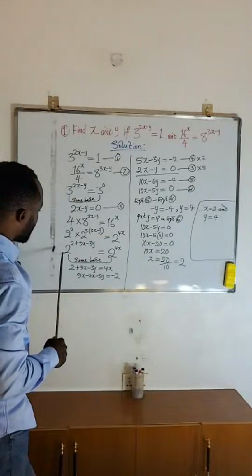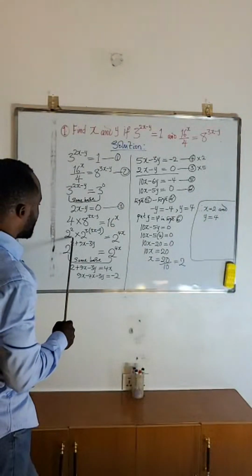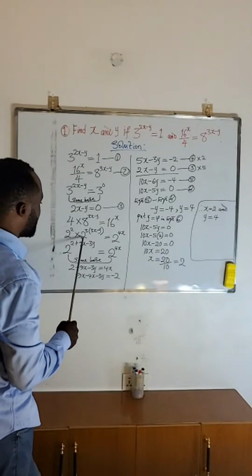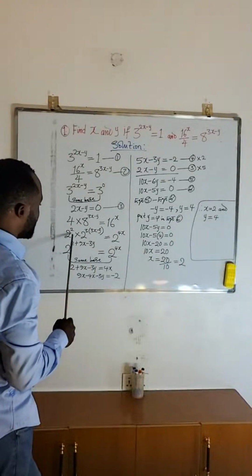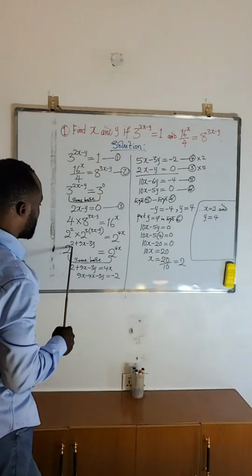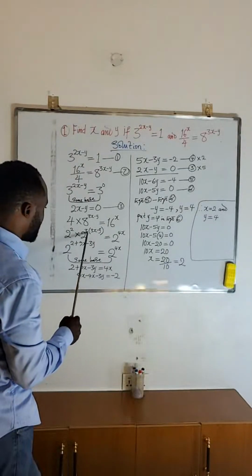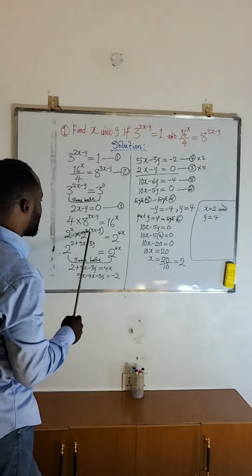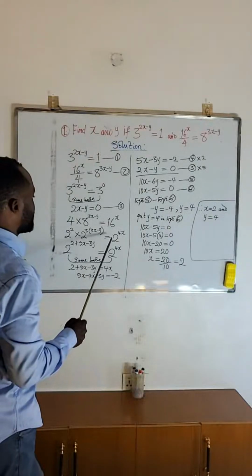Okay. And then the next thing, we apply the addition law of indices. Because 2 and 2 here has the same base, we add their powers. That's why you have 2 raised to the power of 2 plus the power of this other 2, which is 3 times 3x, which is 9x. And then 3 times minus y, minus 3y.